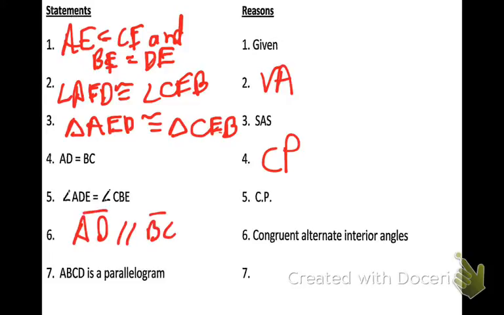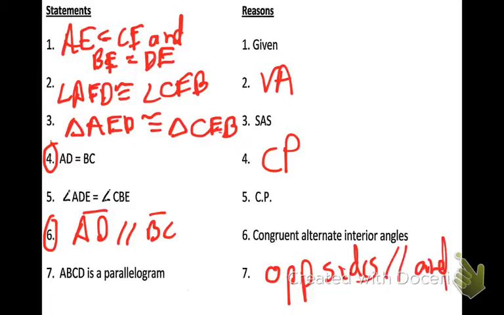So now I have that the opposite sides are congruent and parallel. So then we have step 7, opposite sides parallel and congruent. Okay, any questions? No questions. Okay, good.